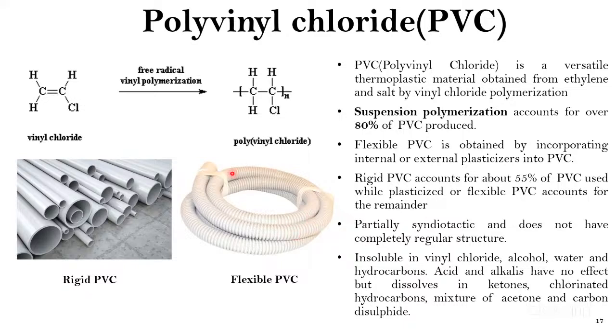But this PVC is highly dissolved in ketones and chlorinated hydrocarbons, as well as a mixture of acetone and carbon disulfide. Acetone plus carbon disulfide is the best solvent for dissolving PVC.